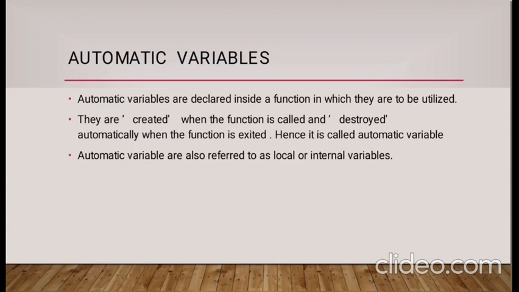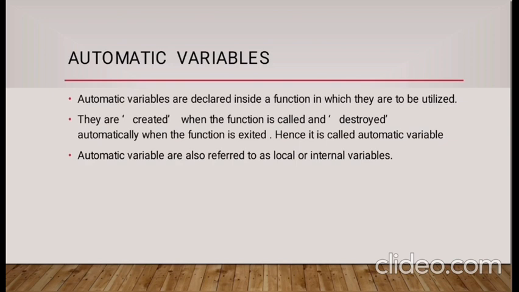Automatic variable is also known as local variable. Automatic variables are declared inside a function in which they are to be utilized. These variables are created when the function is called, otherwise it will be destroyed automatically when the function is exited.